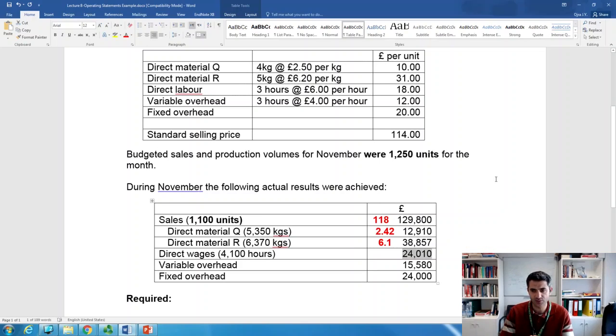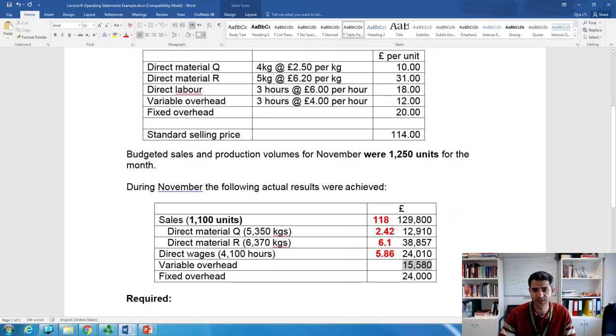So 24,010 divided by 4,100 is almost 5.86. So 5.86 compared with £6.